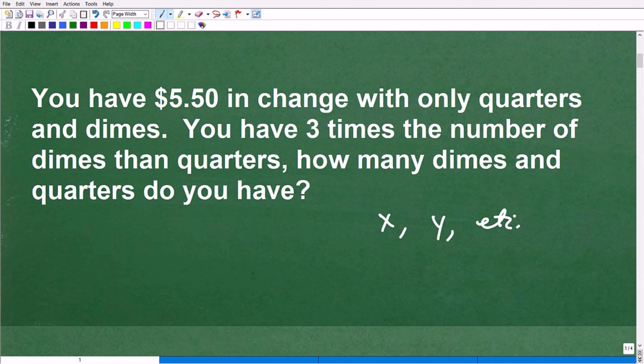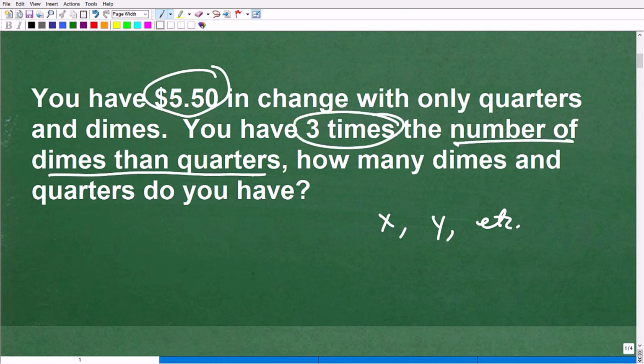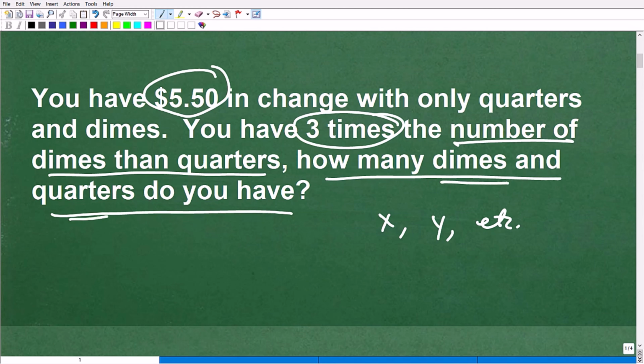So let's take a look at some things that we know. We have this value, $5.50. Then we have this piece of information, three times the number of dimes than quarters. And then obviously we're looking for two pieces of information. How many dimes and quarters do we have? So what we're trying to identify is how many dimes and quarters.